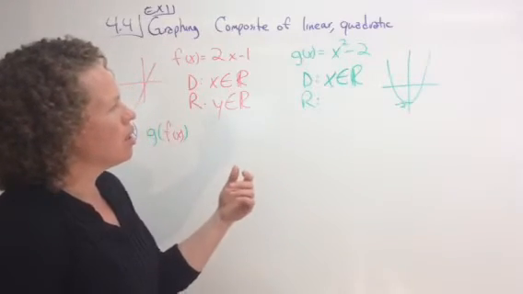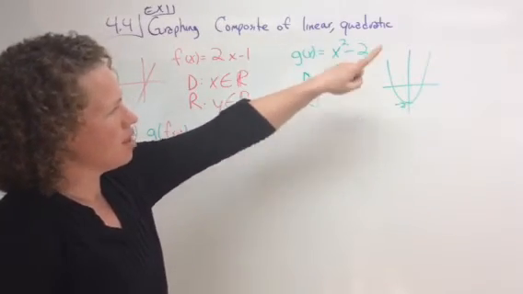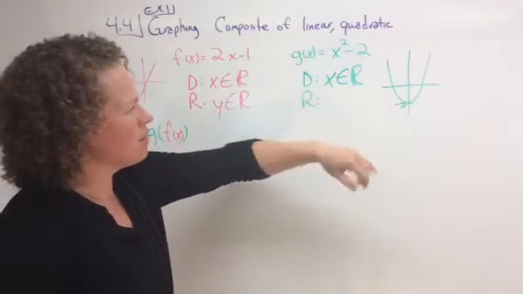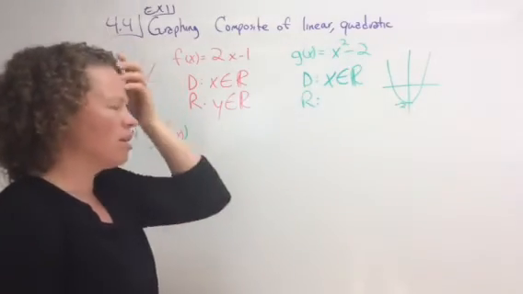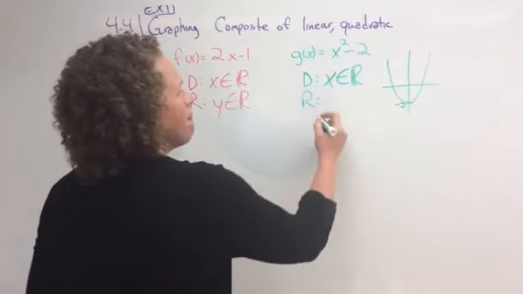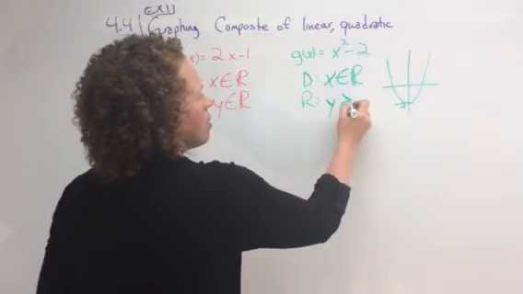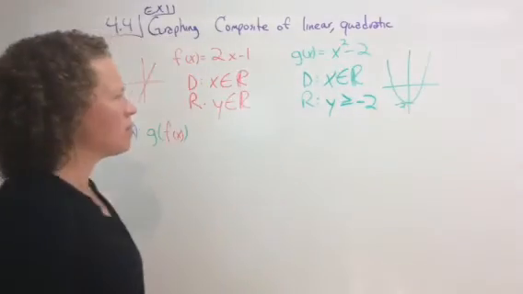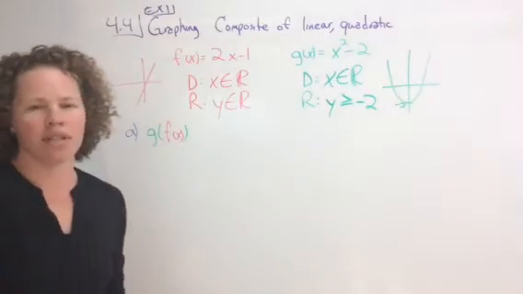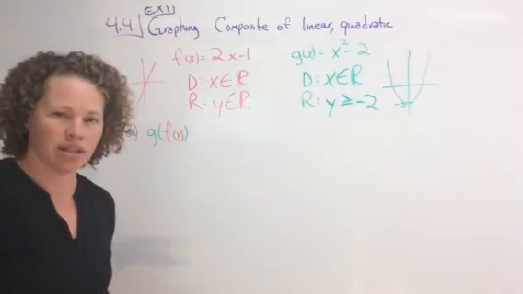And range, because this is positive, it opens up, and because this is a negative 2, that means it starts down at negative 2. So that means that y is greater than or equal to negative 2. If you're ever in doubt, just put it in your calculator and have a look at the graph.